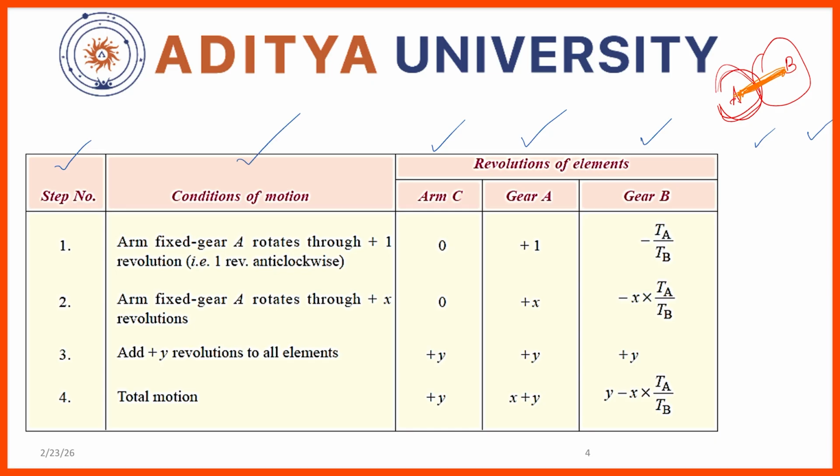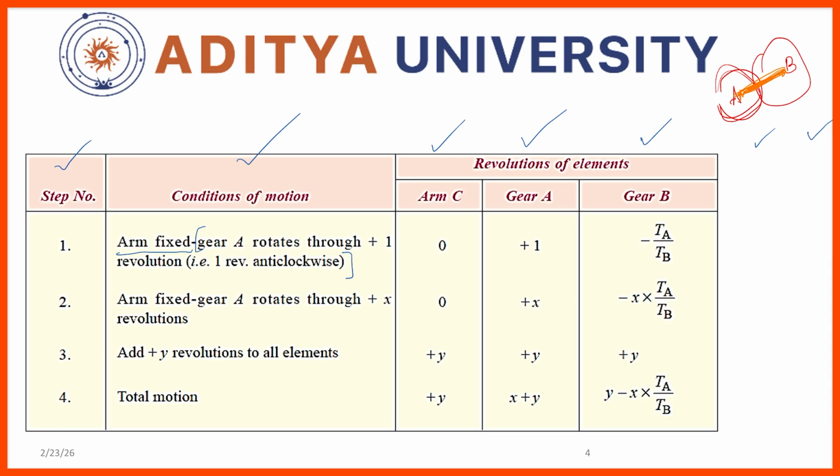What is the second column? The conditions of motion. That means you are starting from primary level to the utmost level. So first, the first condition is arm fixed. Now gear A rotates through +1 revolution, that is anti-clockwise. Why we need to have the same conditions of motion? It is the generation of the epicyclic gear train starting from simple gear train.